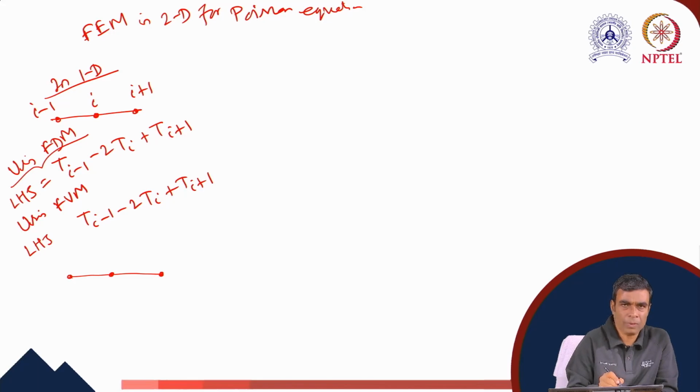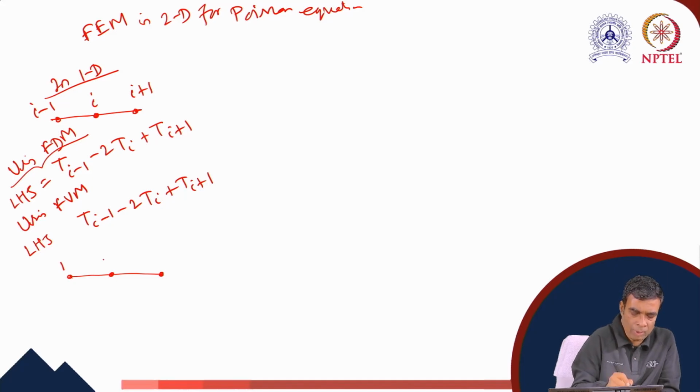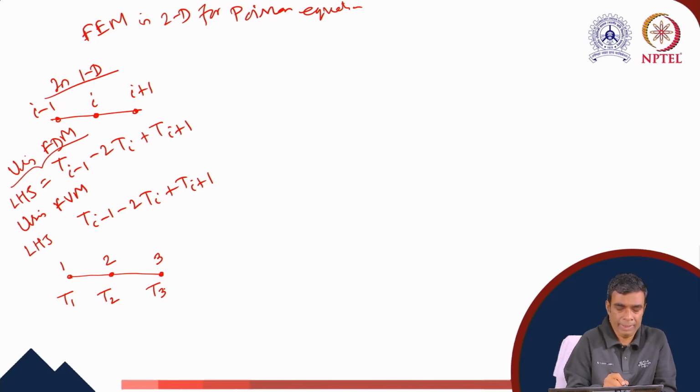Now, if we consider that the global equation numbers for this case are 1, 2, and 3, and the unknowns are T1, T2, and T3, then the equation at global node 2 will be coming from global node number 1 as well as global node number 3.